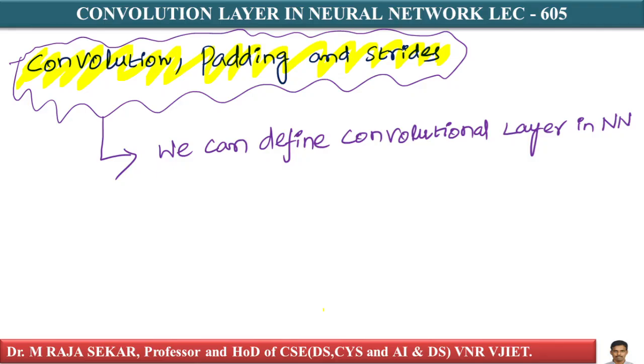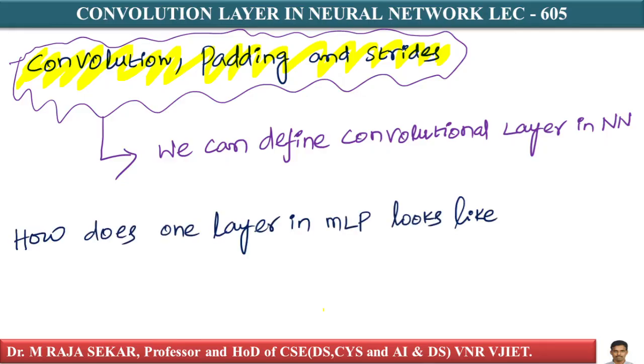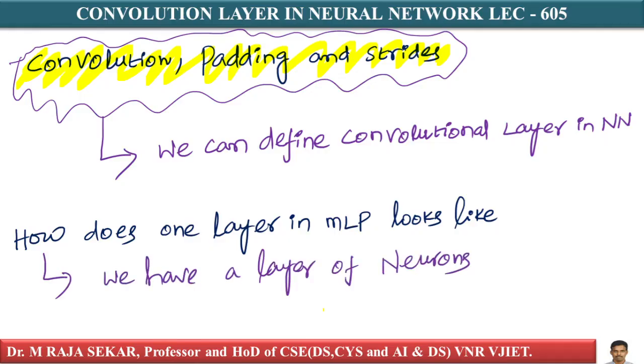Remember, how does a multi-layer perceptron look like? How does one layer in a multi-layer perceptron look like? We have a layer of neurons, literally, isn't it?